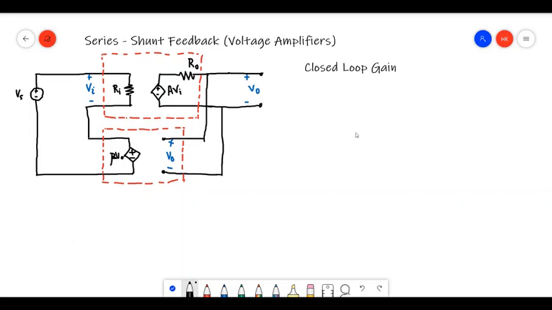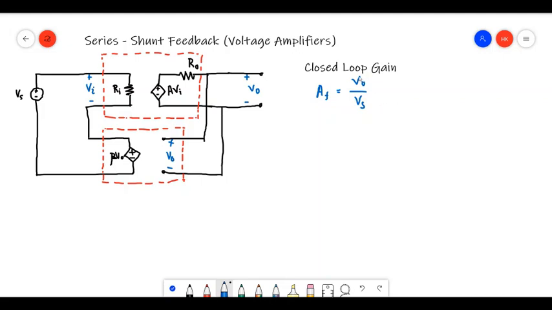Right, so let's try to find an expression for the closed loop gain of a voltage amplifier. The closed loop gain is denoted by AF, and AF is given by the output voltage divided by the source voltage, the input voltage, so it is Vout divided by Vs, right? So let's try to find this.